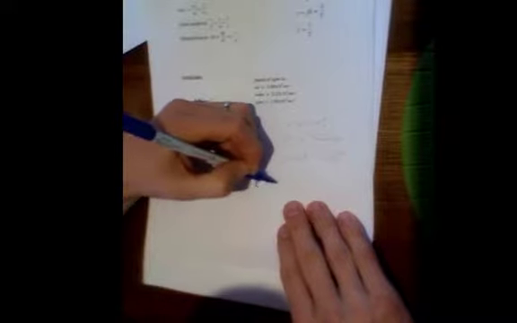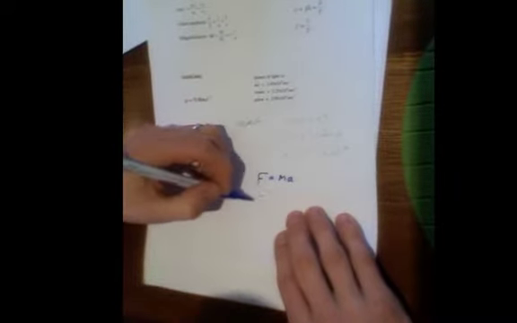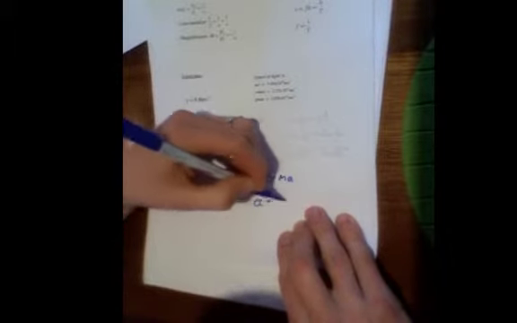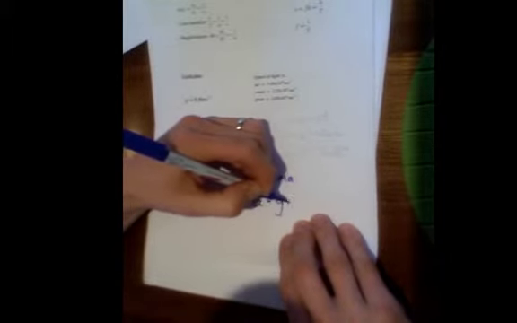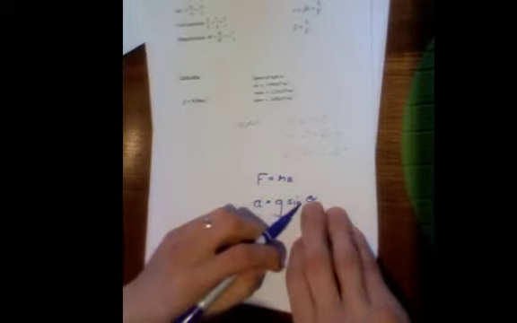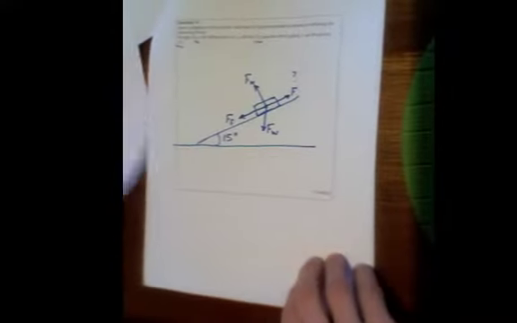Whoops, I've actually left the other part of the formula sheet at school. But on the other formula sheet, you'll find your F equals ma. And then you'll also find, on an inclined plane, acceleration is g sine theta. G being gravity, sine theta, the angle.